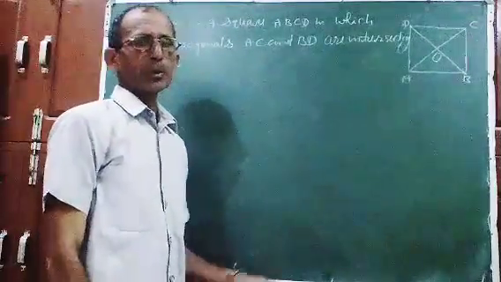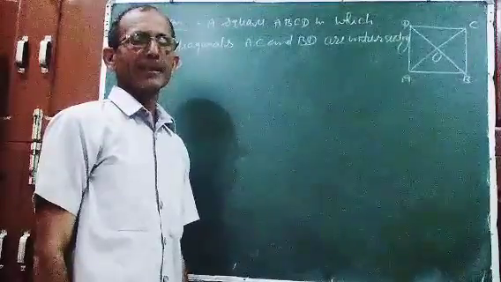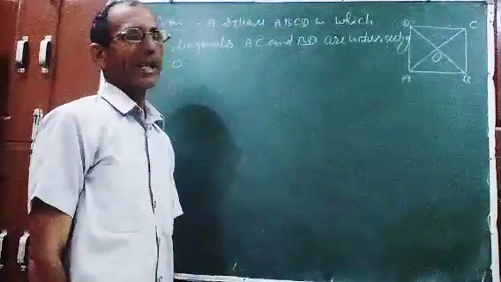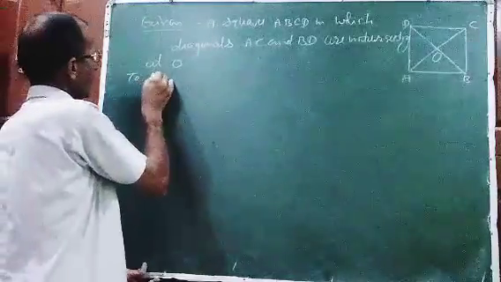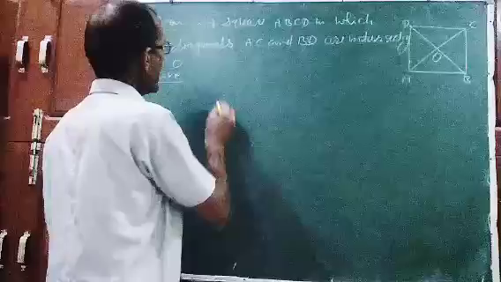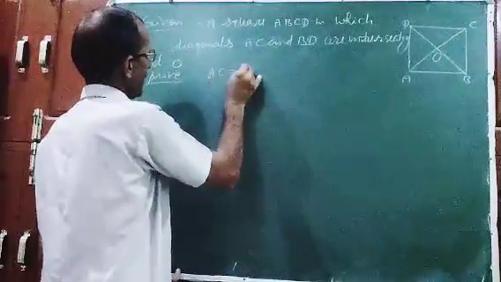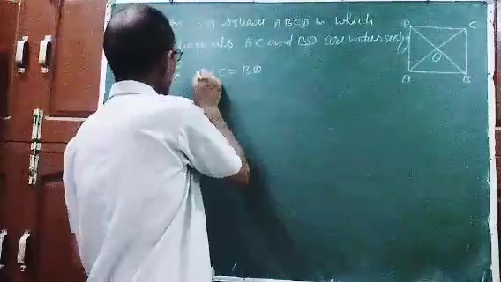So we have to prove the diagonals of a square are equal and bisecting each other at a right angle. Now what we have to prove? We have to prove AC is equal to BD. This is the first part.